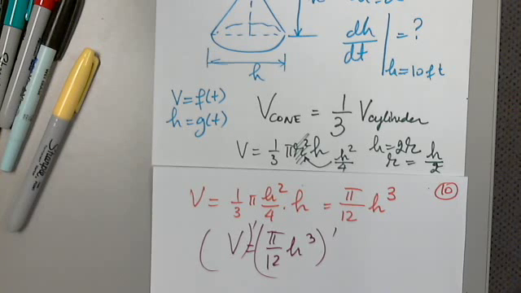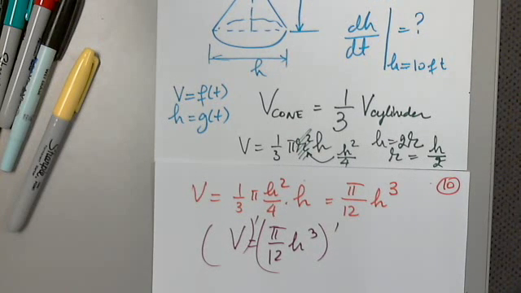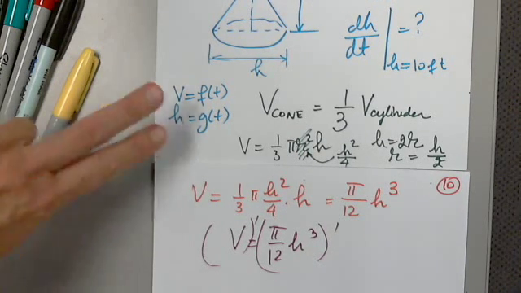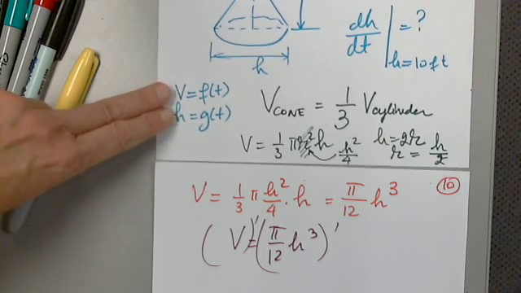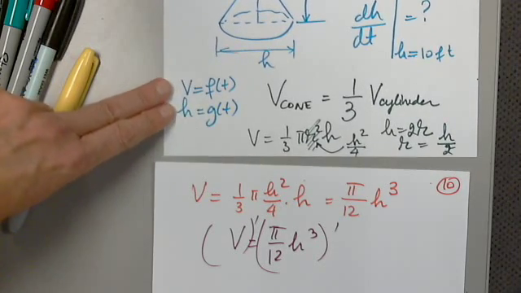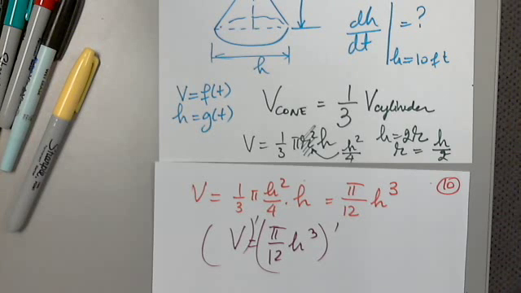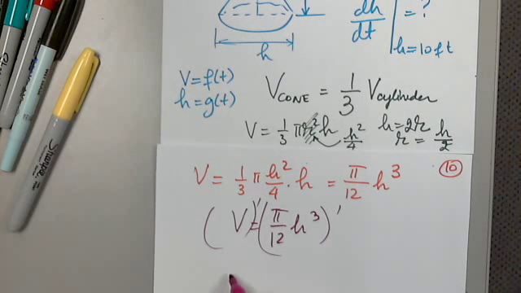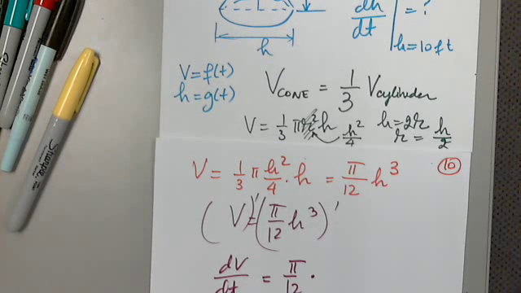Although you could say, well, remember we wrote ourselves a note here. So then, the left-hand side is dV over dt, of course. The right-hand side is pi over 12 times 3H squared dH over dt.